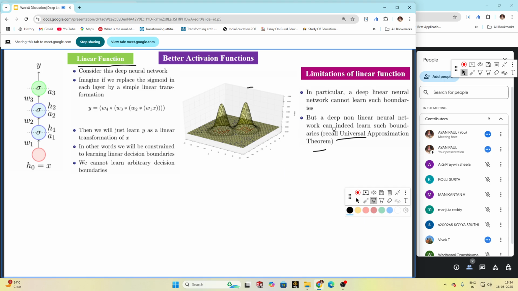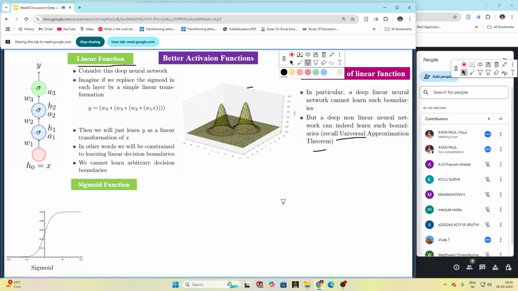This is just a note, don't focus on it; just focus on the first point, that a deep linear neural network cannot solve such decision boundaries in which the points are not linearly separable. So this was the limitation of the linear function. Then we came up with something called the sigmoid function. This is the curve for the sigmoid function.